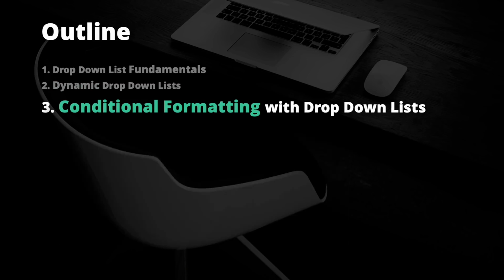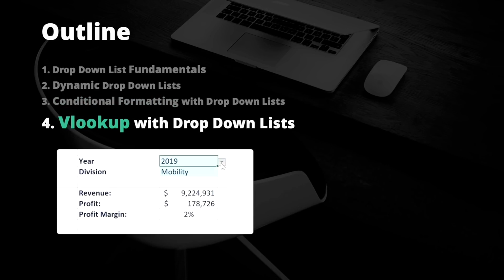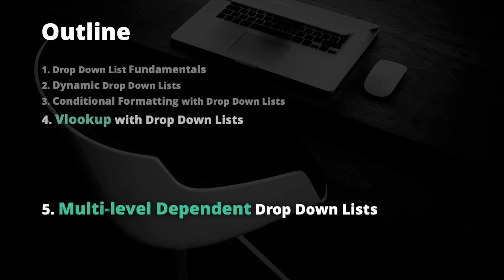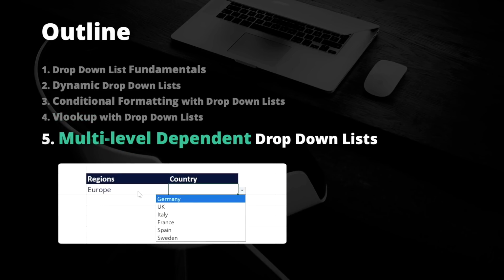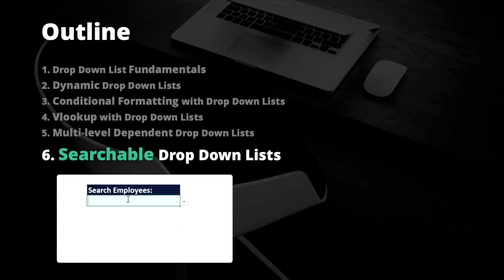And then the second half of this masterclass covers the most advanced, amazing techniques and applications, like how to use a lookup function to dynamically extract data from a big dataset based on one or multiple drop-down selections, how to create multi-level drop-down lists with one drop-down list changing its items based on another drop-down selection, and as the final cherry on top, you will learn how to create a searchable drop-down list that automatically filters down the list items to the ones that contain the search term you have entered.